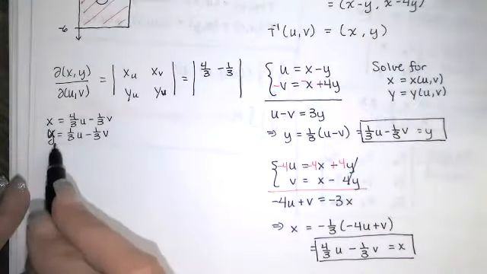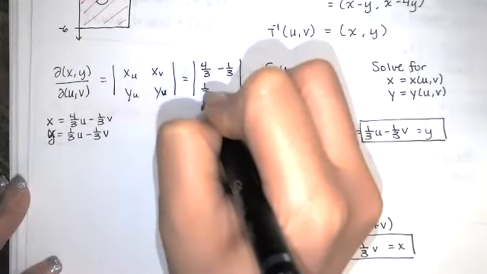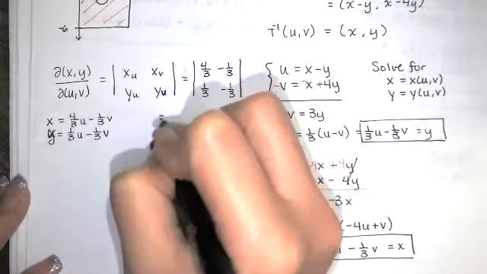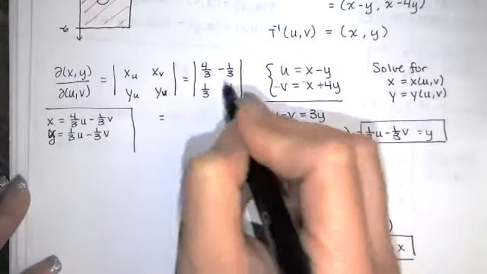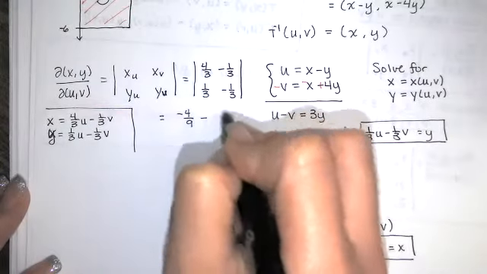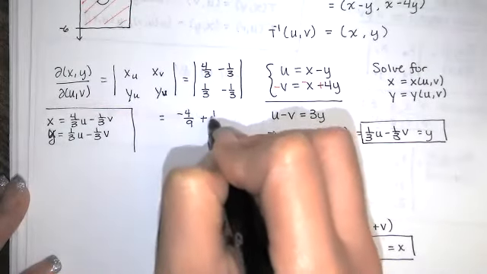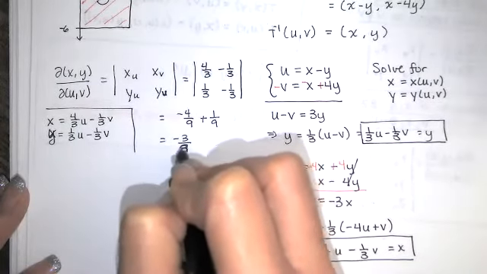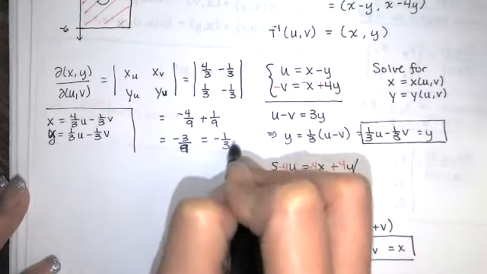Down here, partial of y with respect to u is 1/3. Partial of y with respect to v is negative 1/3. So the Jacobian of this transformation turns out to be a negative 4/9 minus a negative, it's going to be plus 1/9. So we get negative 3/9, which simplifies to negative 1/3.